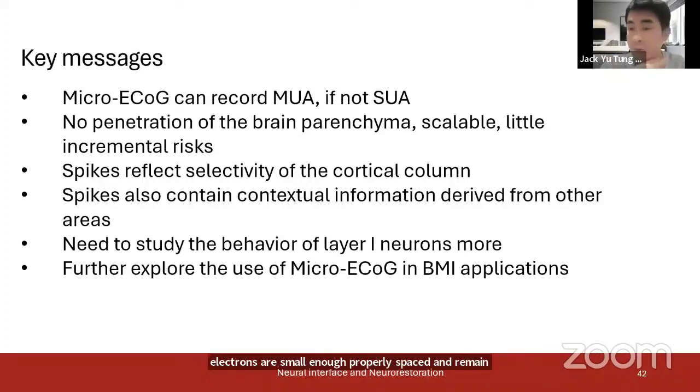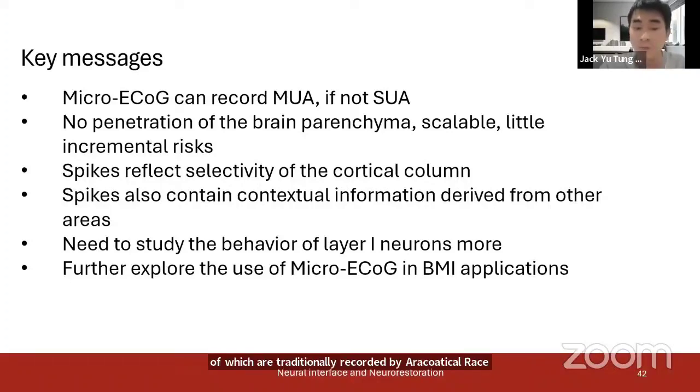And micro-ECoG arrays do not penetrate the brain parenchyma, so they are scalable with little incremental risk. And we should also consider the columnar organization of the cortex and that superficial neurons have similar tuning properties as deeper neurons, the latter of which are traditionally recorded by intracortical arrays.